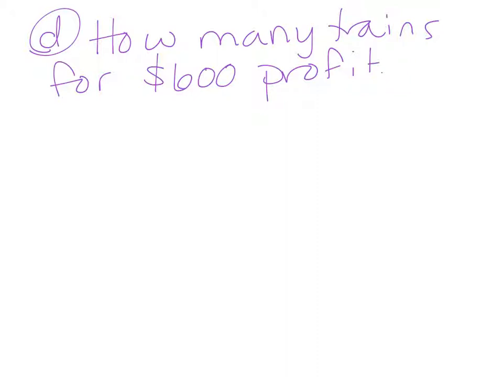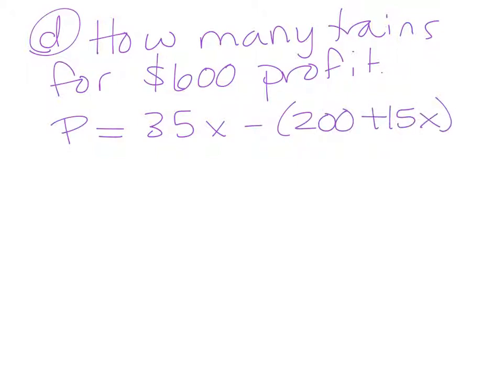Our profit equals our revenue minus our cost. Now in this problem, they told us that our profit needs to be $600. So we are going to need to solve for x in this problem.